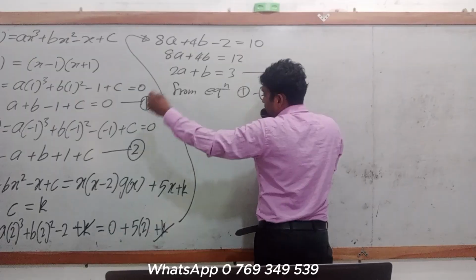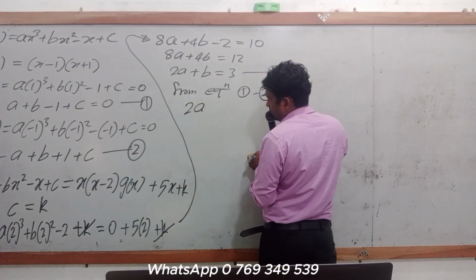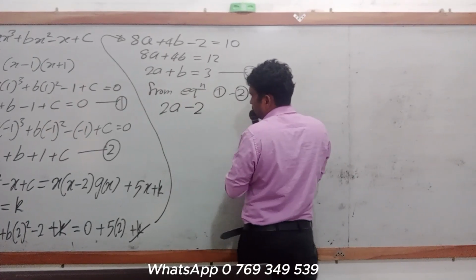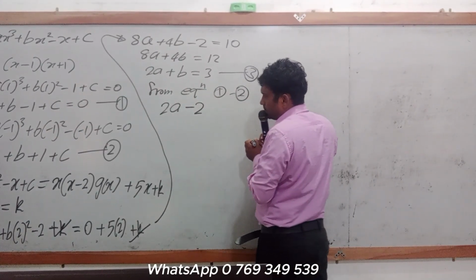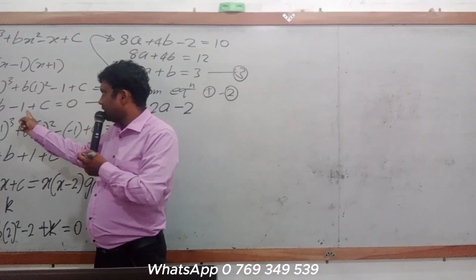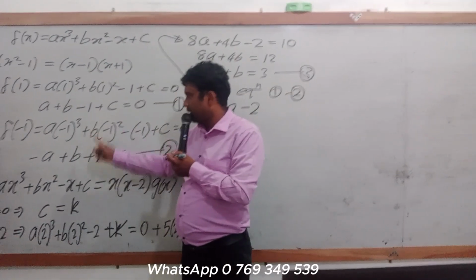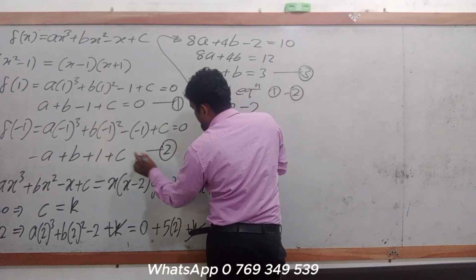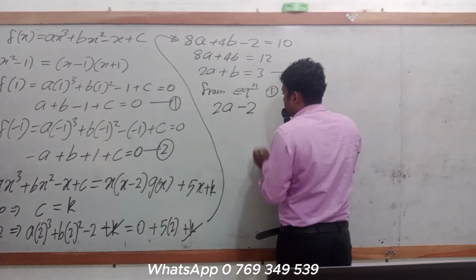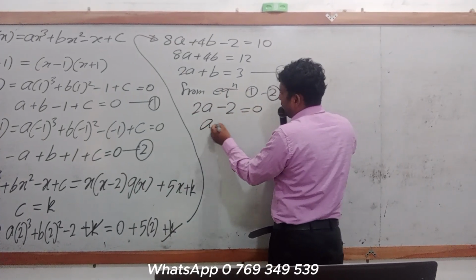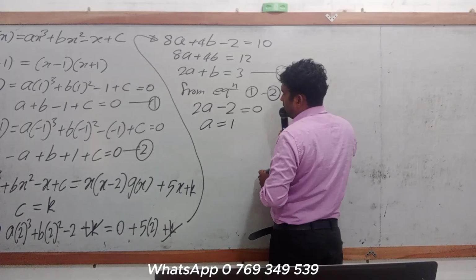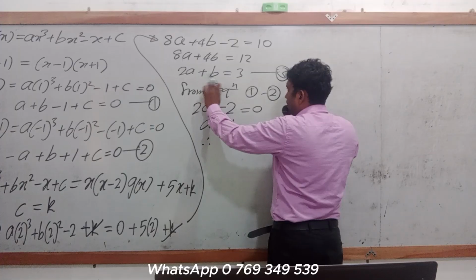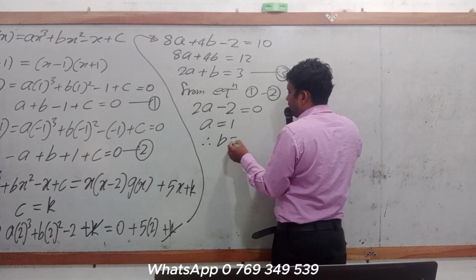Minus a minus minus a gives 2a, b and b cancel, and the rest equals 0, so a equals 1. Therefore, from equation 3, b also equals 1.